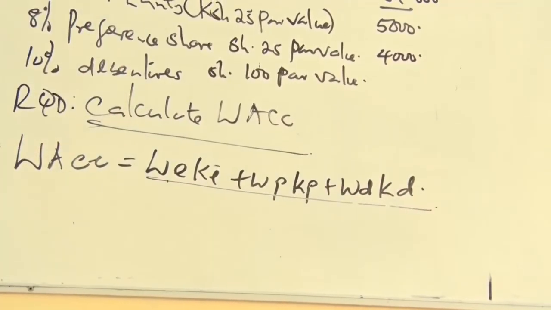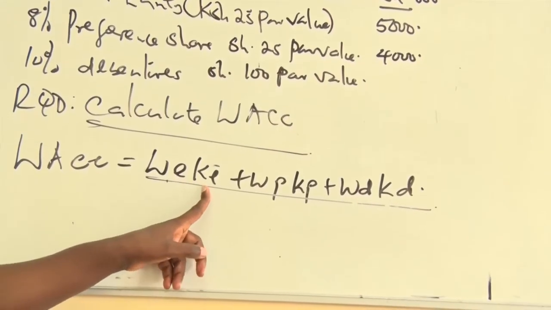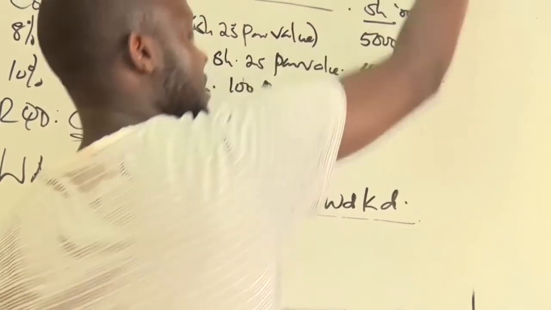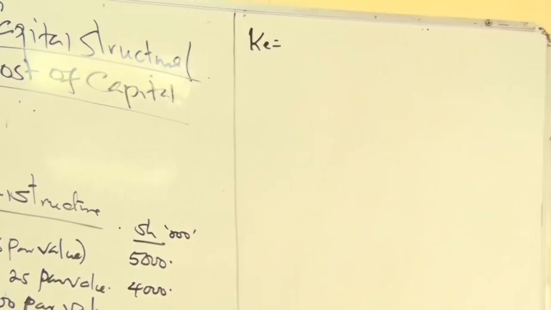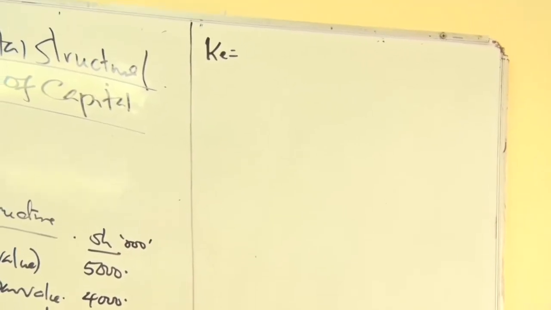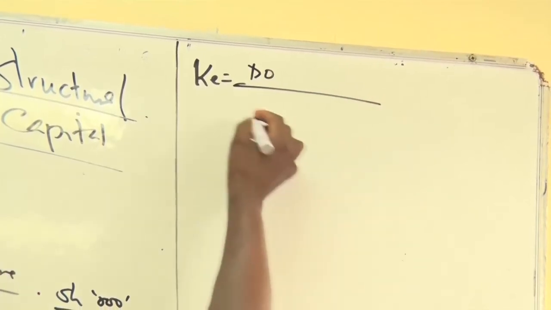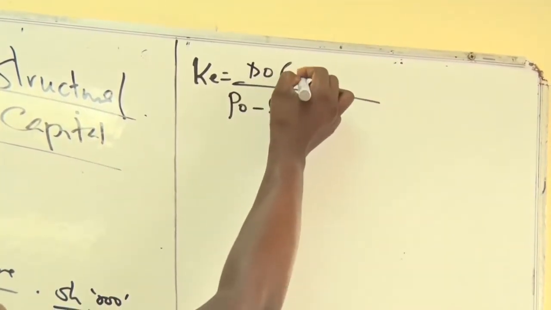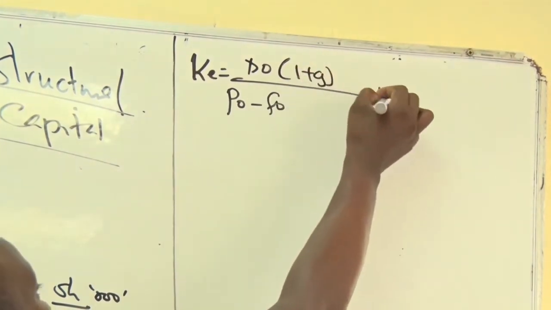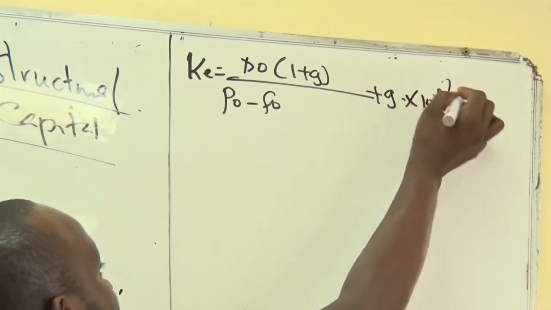Now the second thing you do, get the cost of equity first. Going back to your formula, KE is DO over PO minus flotation cost, into 1 plus G at the end. You also need to multiply by 100%.